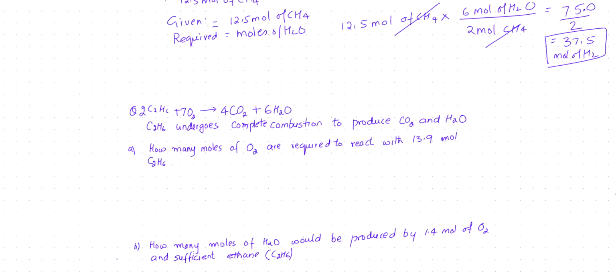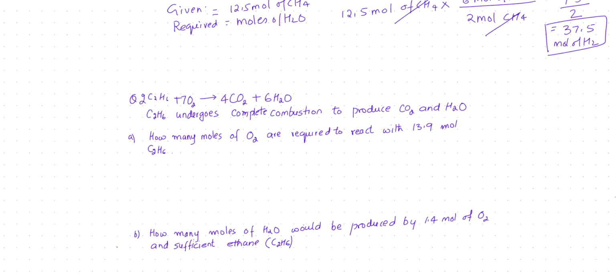Same with this equation: 2 moles of ethane on combustion forms 4 moles of carbon dioxide and 6 moles of water. So ethane undergoes complete combustion to produce carbon dioxide and water. How many moles of oxygen are required to react with 13.9 moles of ethane?